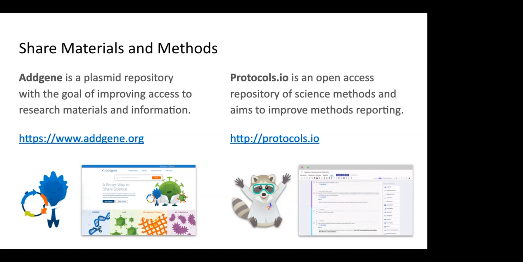You can include an abstract to put the methodology in context, include details like duration of steps and numbering of steps, safety information, and expected results. And these materials and method records can be attached and linked to your research articles in order to provide this full context of that project.